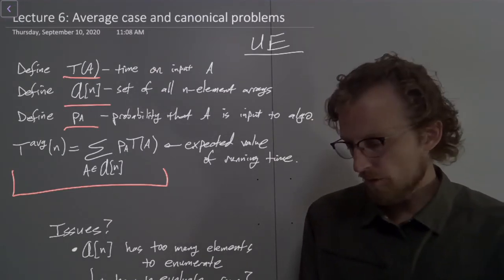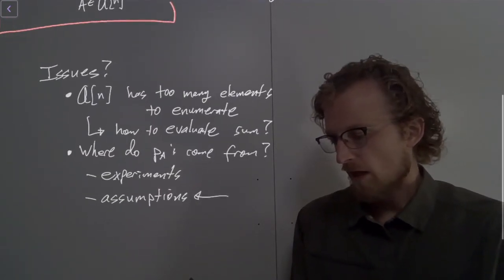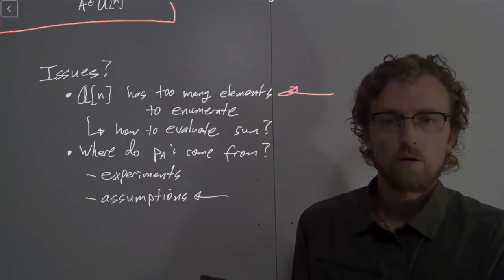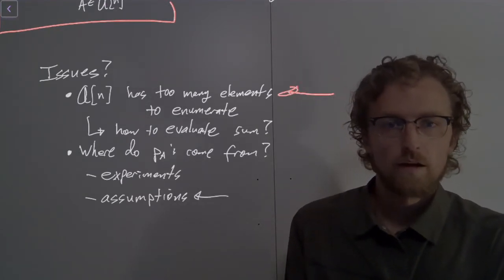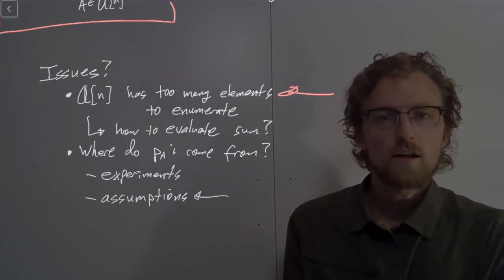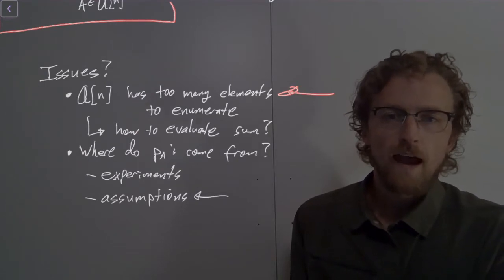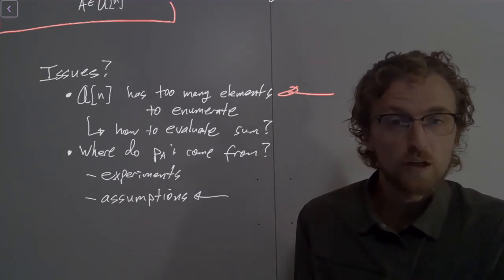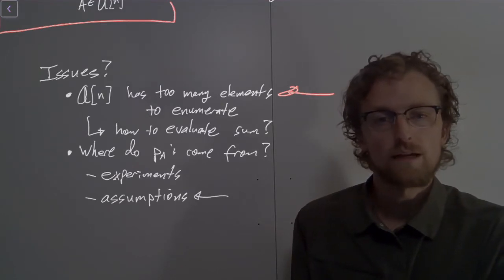So what are the problems? Well, one immediate problem is we can't possibly enumerate all of the arrays. There are too many of them. That's going to be typical for any algorithmic problem. The space of inputs is typically absolutely massive. There are often infinitely many inputs, which makes it difficult.